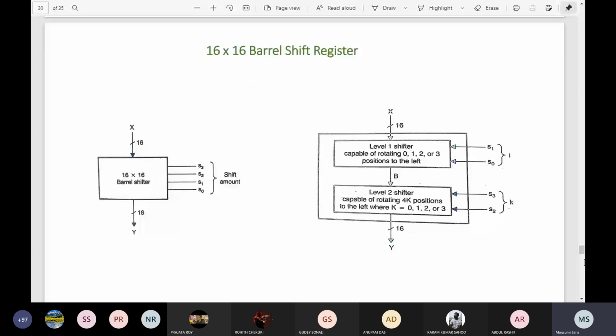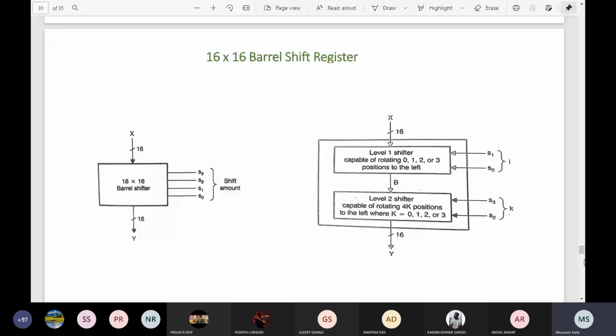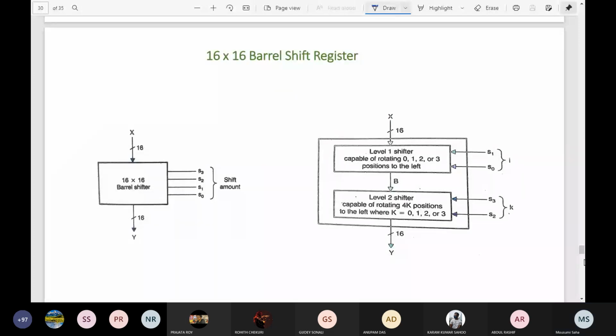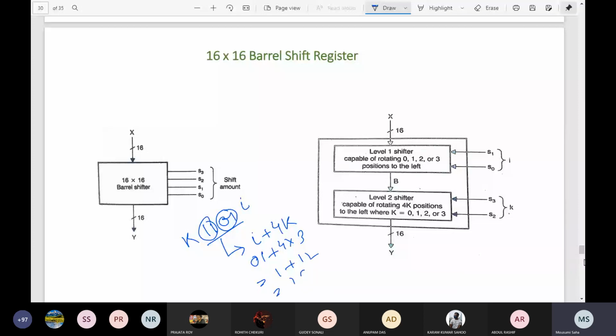The logic is very simple. Suppose you have the number 1101. This number you can write in this fashion, that is i plus 4k. Consider this as i and this as k. Then 01 is 1, plus 4 into 3, which is 12, that is 13.